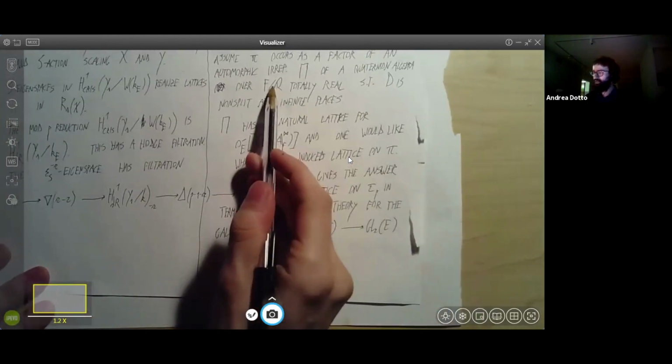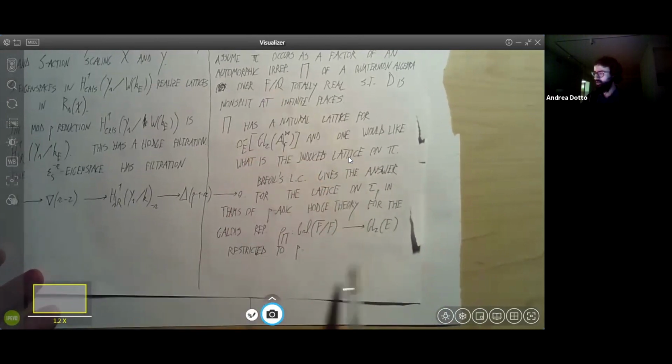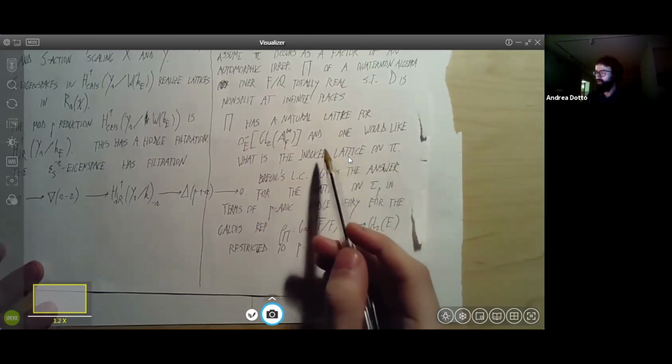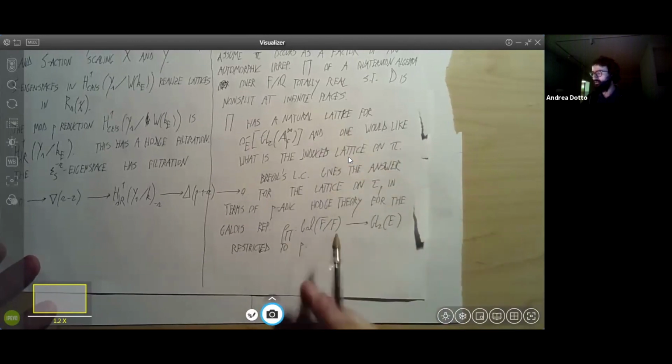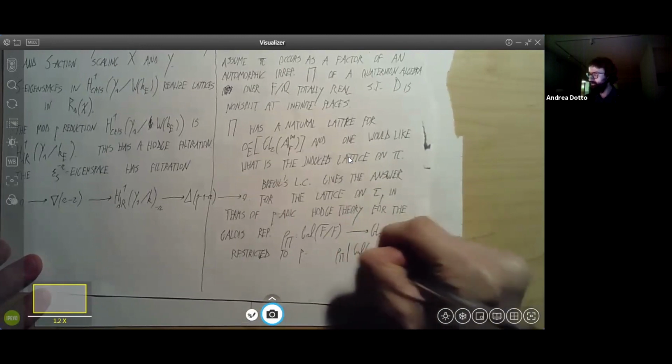So for simplicity, I am assuming that there is only one place of F above p. Then I would like to complete pi with respect to this lattice, and say that Banach space is the p-adic Langlands correspondence of rho of pi restricted to the local Galois group.